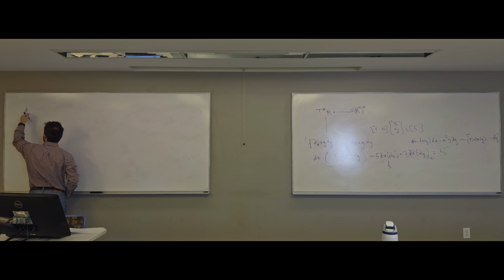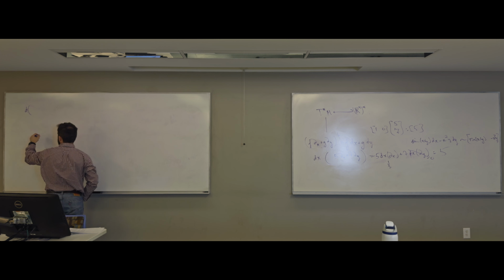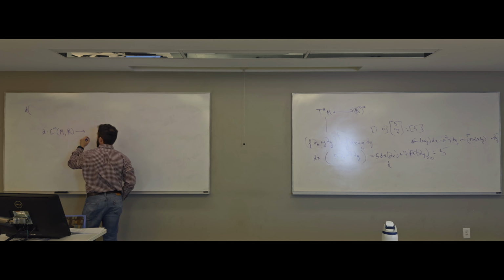I can plug anything into D. It's an operator, and it takes me from smooth functions on a manifold, that take you from the manifold to the real numbers, and it maps the smooth functions to differential one forms, which I write this way. Or you can write it as sections of the cotangent bundle if you want. So D, I'm calling the exterior derivative operator. Takes you from smooth functions to differential one forms.